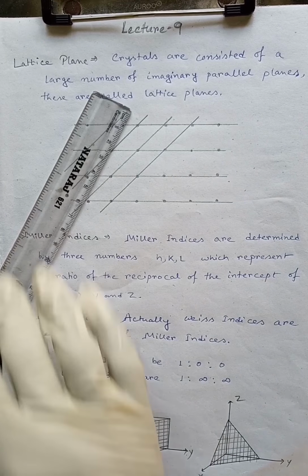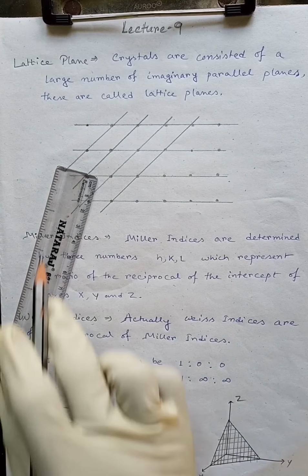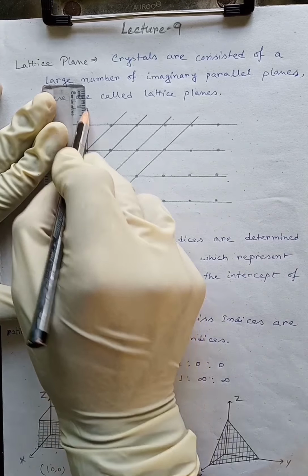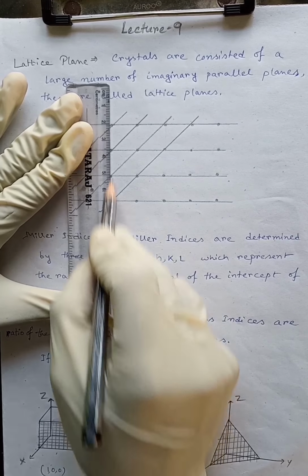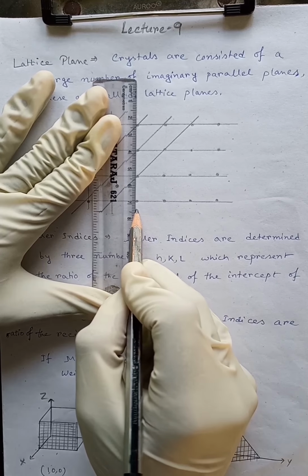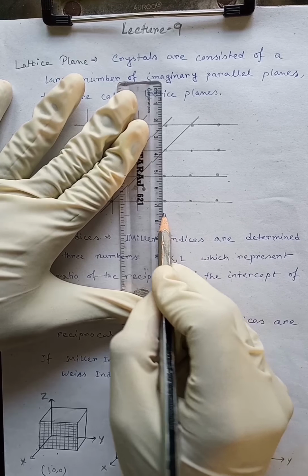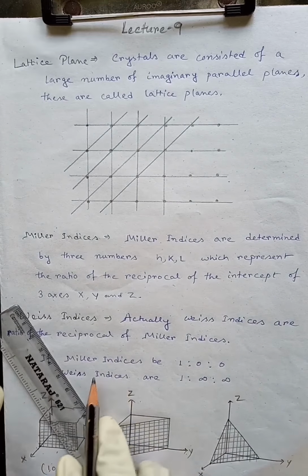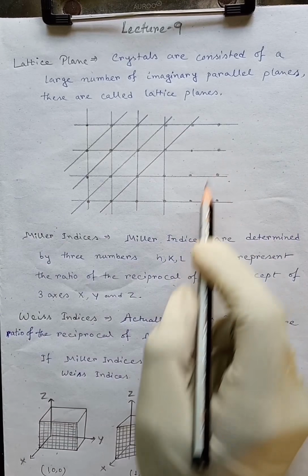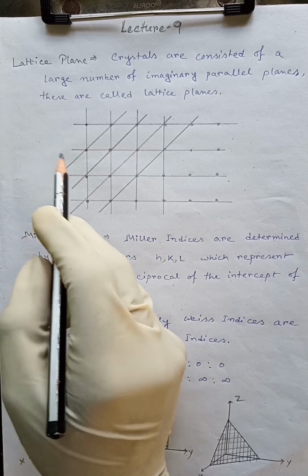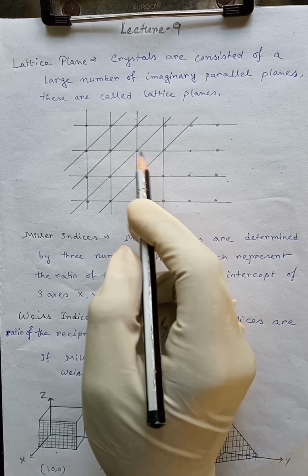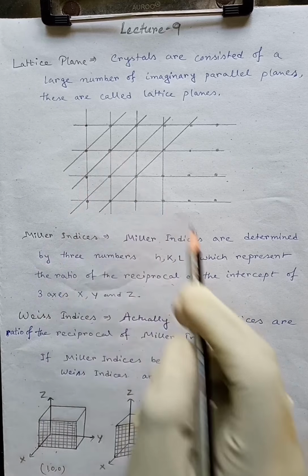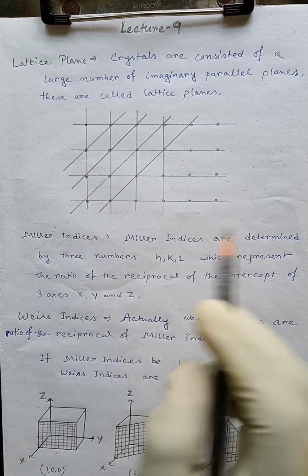This can be another way to introduce lattice planes, or even you can think these planes as your lattice planes, or even you can take any other combination. So from a given crystal lattice, you can get an infinite number of parallel planes. These are lattice planes.